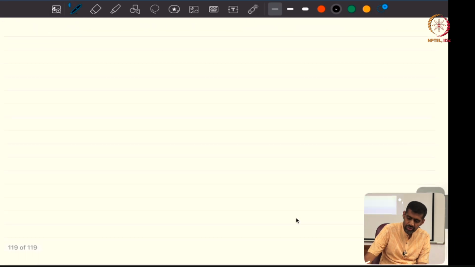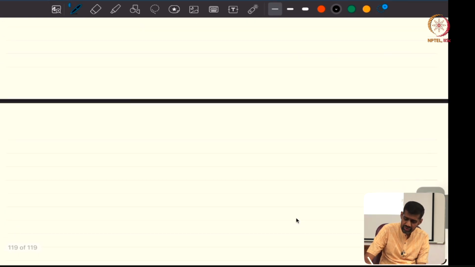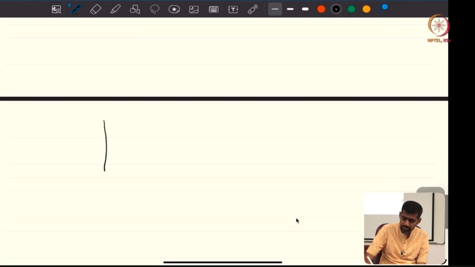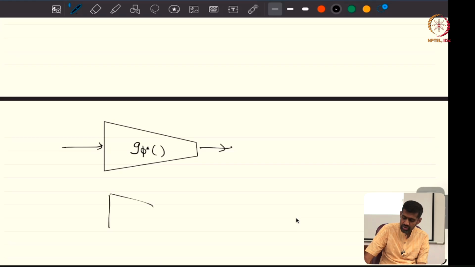So how is it done is as follows. Typically in most cases, the teacher network is not trainable, so the parameters of the teacher network are fixed. You have this g phi star, and you have a smaller student network f theta, and we have access to some of the y.